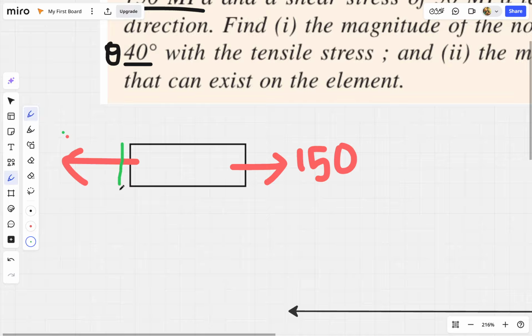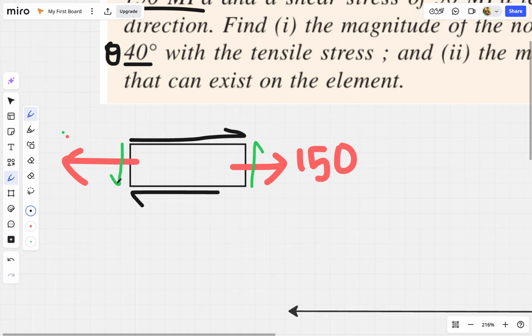For the element to stay in equilibrium, we have to complete the opposite reacting shear stresses that will occur on this and this plane. So that will be clockwise, this one.